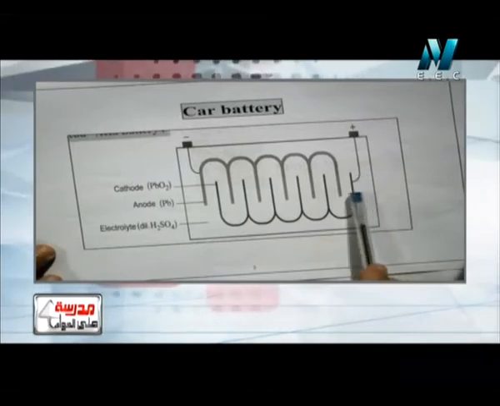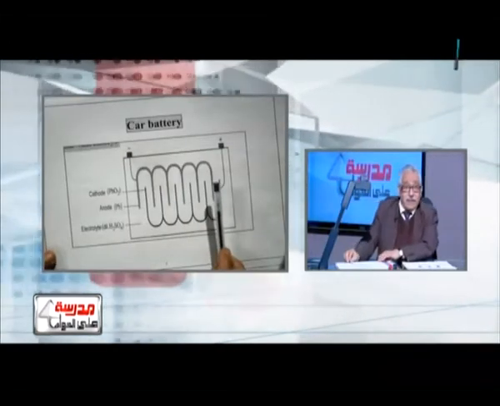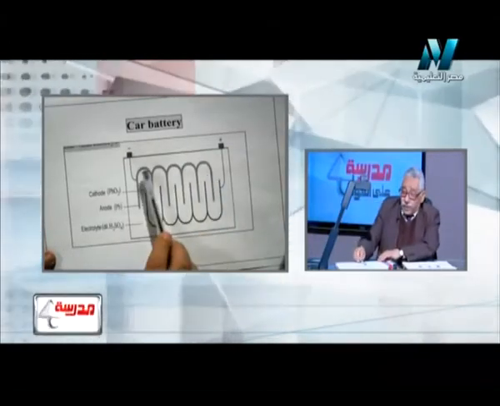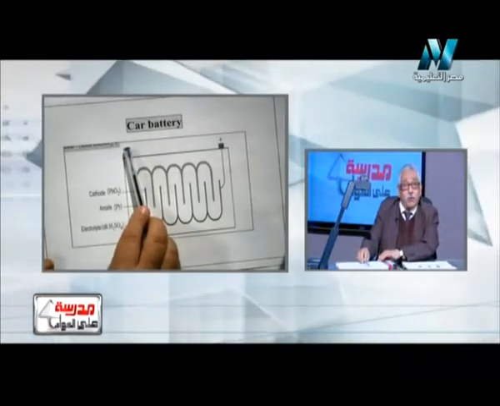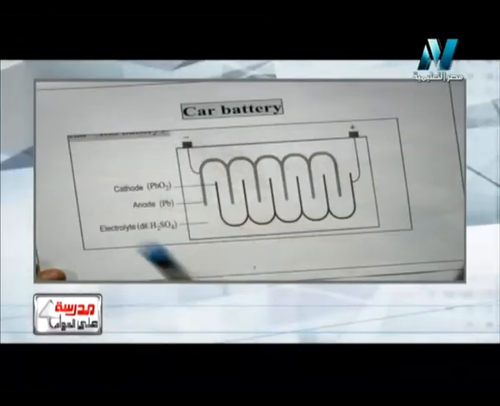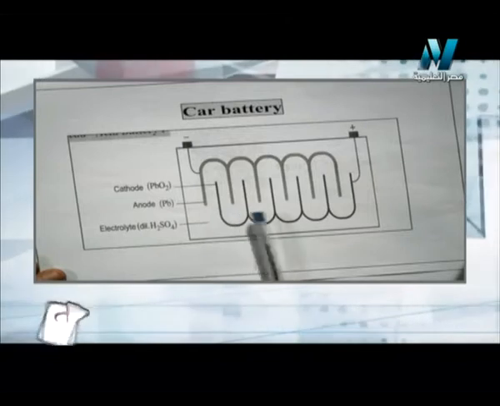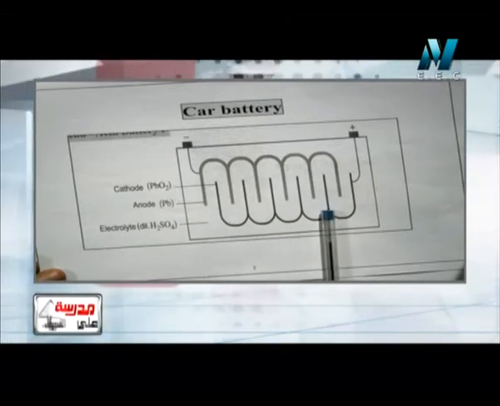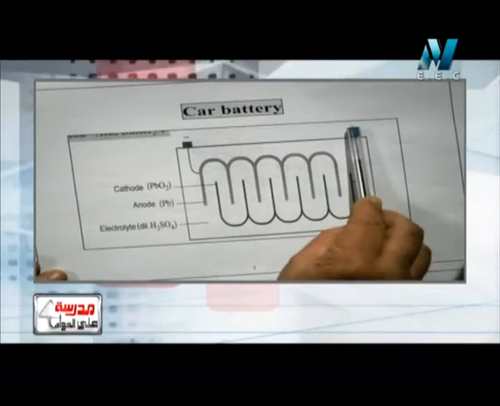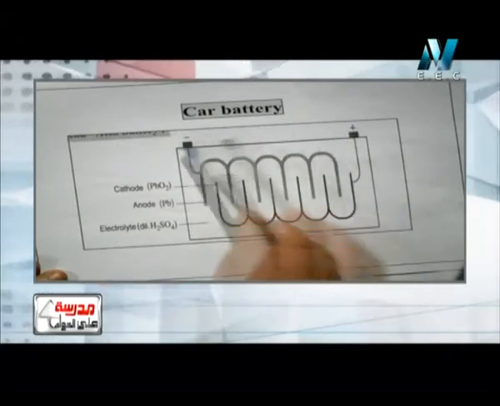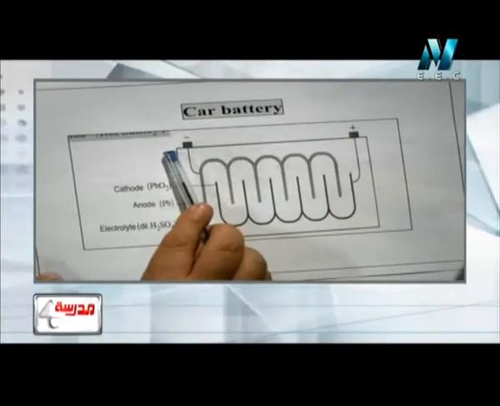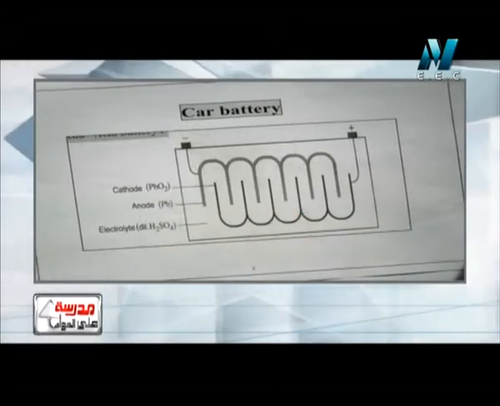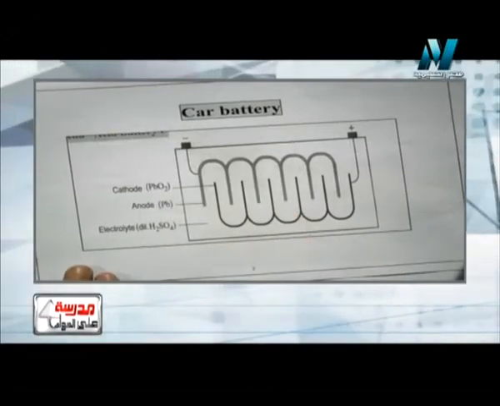The lead is connected together to be the negative electrode of the battery, and the lead dioxide is connected together to be the positive. So it has 2 terminals of the battery, the negative which acts as anode, while the positive acts as cathode. This is a diagram or shape of the container of the car battery.